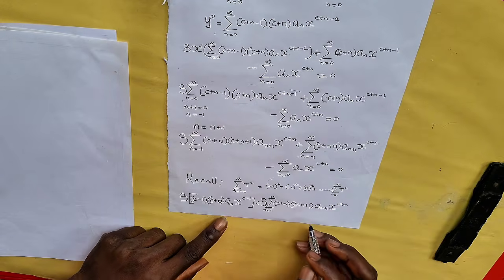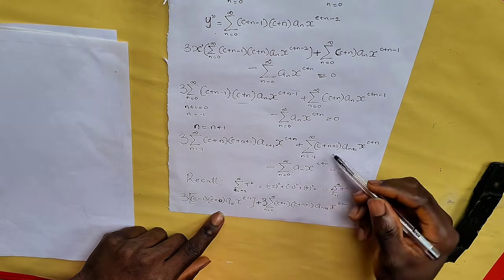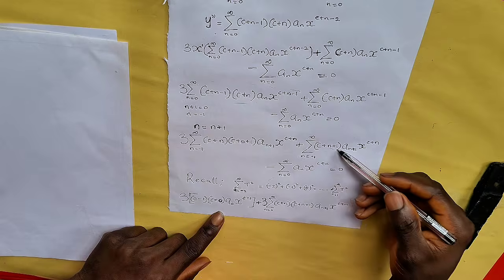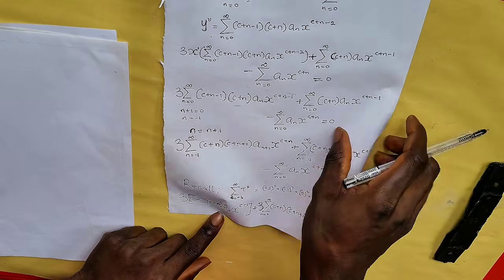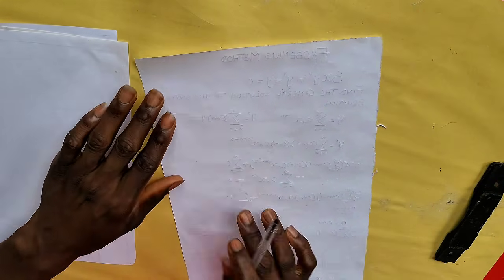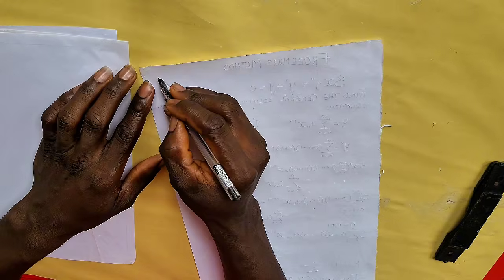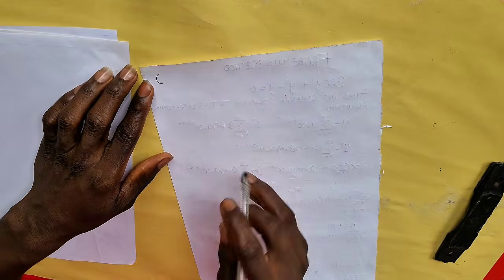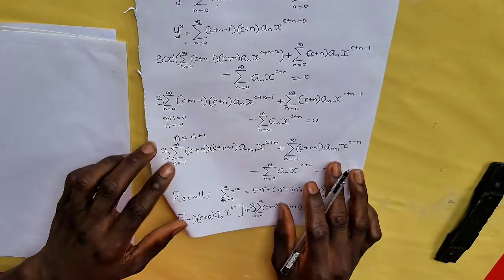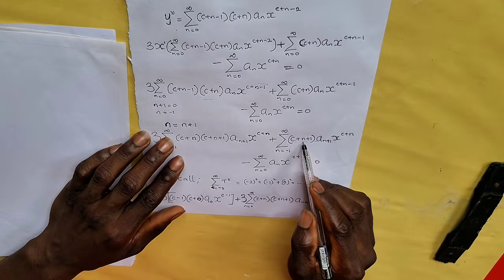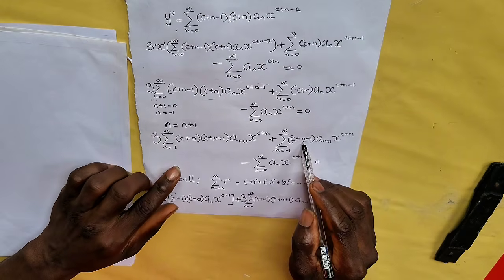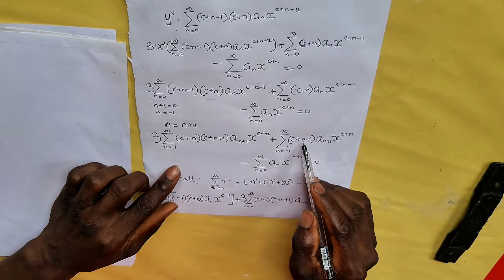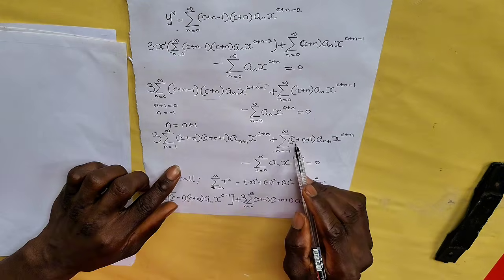So I'm going to say when n equals to minus 1 in this expression too. So that's what I'm going to do here. That's when n equals to minus 1. So look at this very well. When n equals to minus 1 here, what am I going to have? I'm going to have c, right? Because minus 1 plus 1 will give me just c.